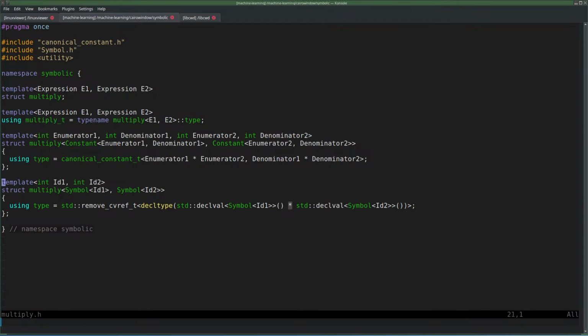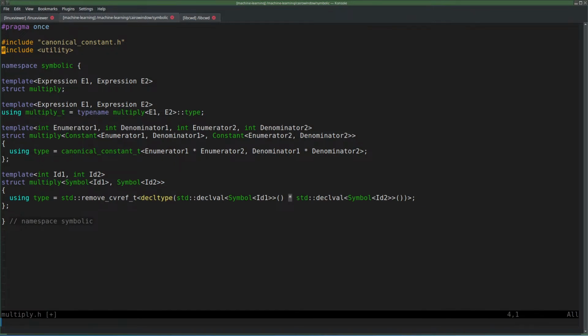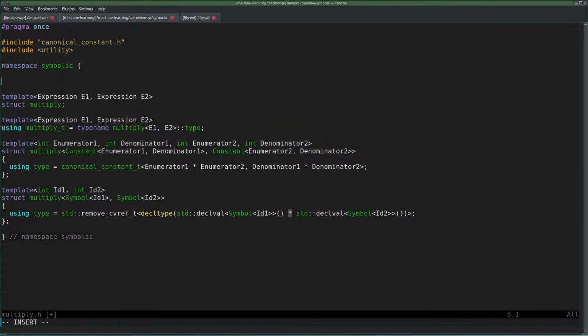Let's just try a forward declaration at the top or lower. Let's just put it at the top. Forward declare symbol.